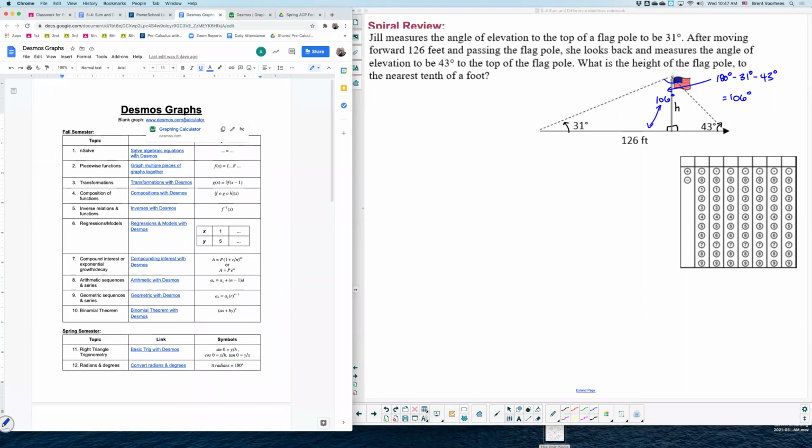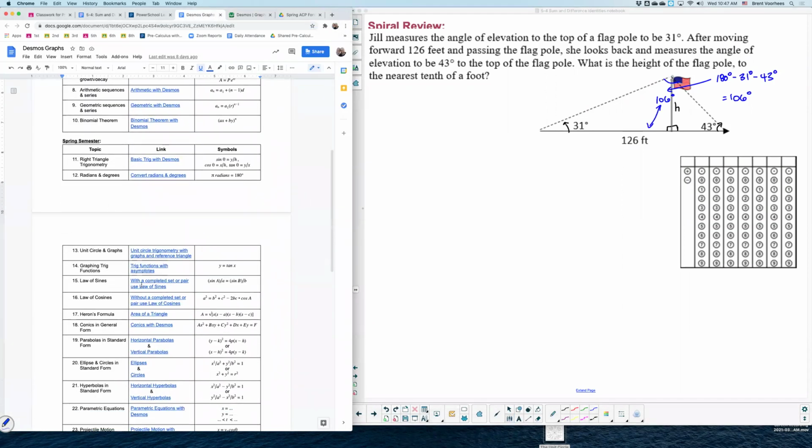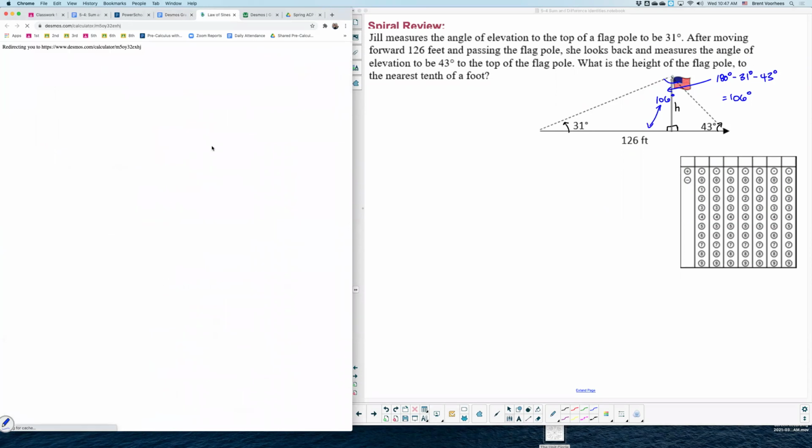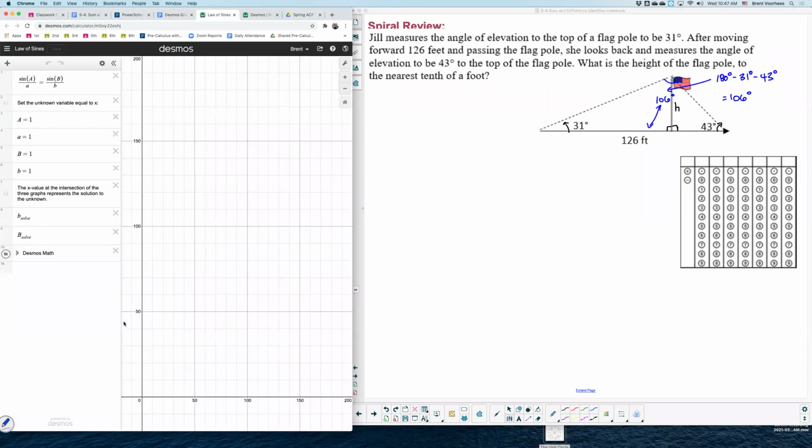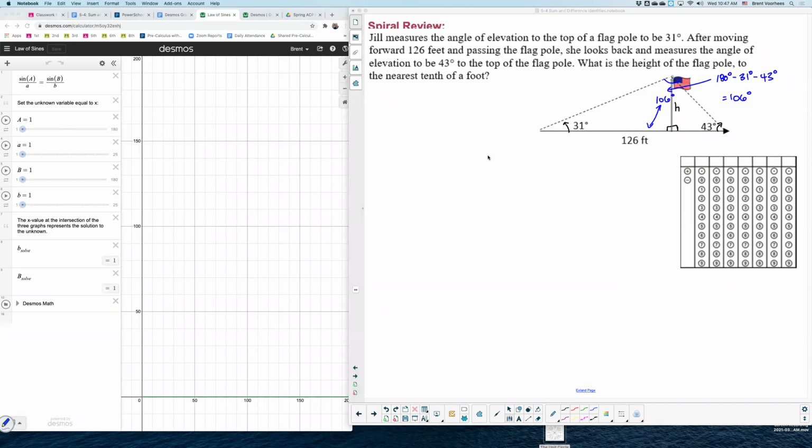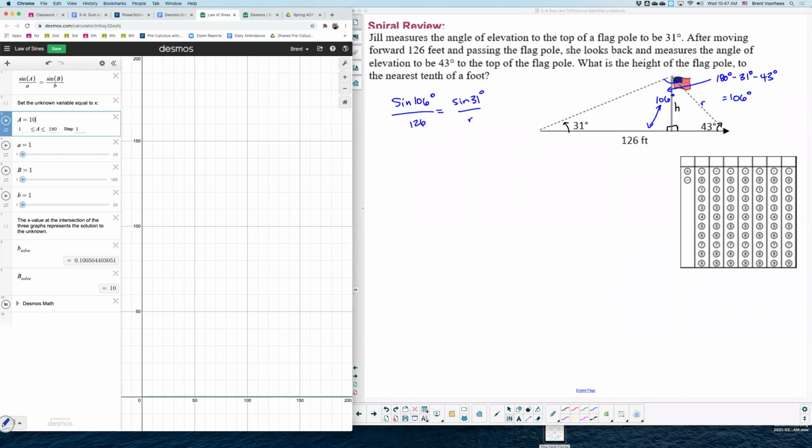So when I go to my Desmos graphs, I'm going to find the law of sines. What I know I have is this completed set here of sine 106 over the length 126. And I could set this equal to either of the two. I'll just use sine 31 over R, for the right side. We could cross multiply and divide, but I'm just going to use the calculator.